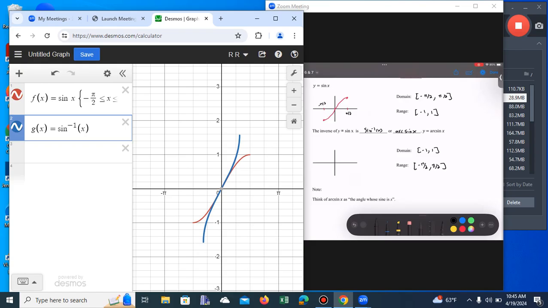And so we can draw this then. Negative 1, pi over 2, negative pi over 2. It goes like this, actually, it bends the other way.